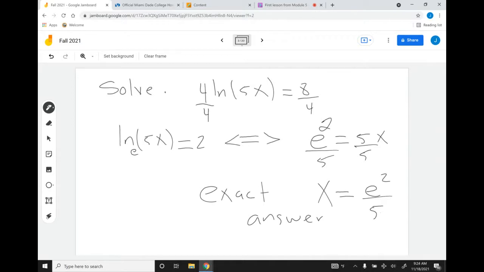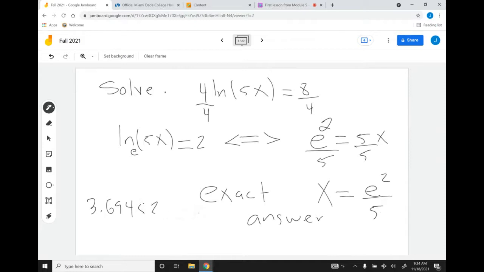Okay. Now, if you were to use your calculator to evaluate this, you will get an irrational number. Let me do it here to tell you more or less what this is. I don't know what that number is, I'm going to do it myself. Where's e? Okay, so e squared, divided by 5. This gives you 3.6945, whatever.